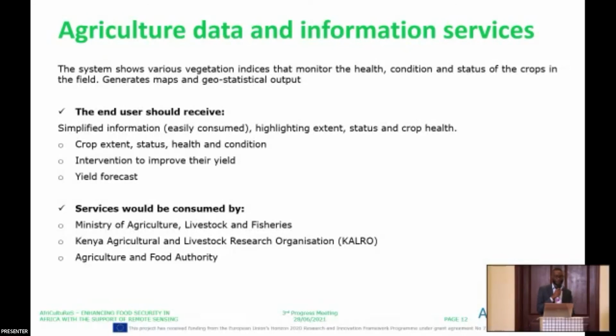So this is relevant information to the Ministry of Agriculture, the Kenya Agricultural and Livestock Research Organization, that's KALRO, and even FAO, which are collecting agricultural statistics. So you've seen the way you can generate statistics from the platform, and from the use case also demonstrated some of the statistics that we can generate.